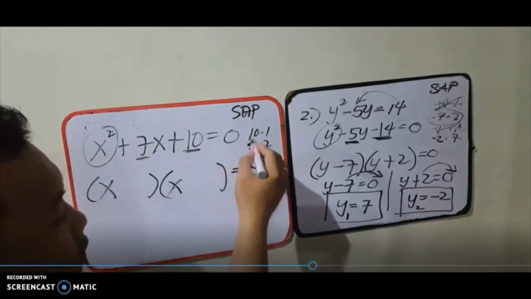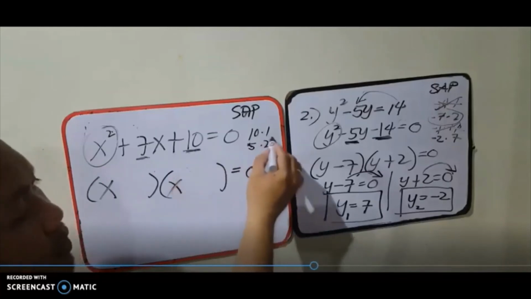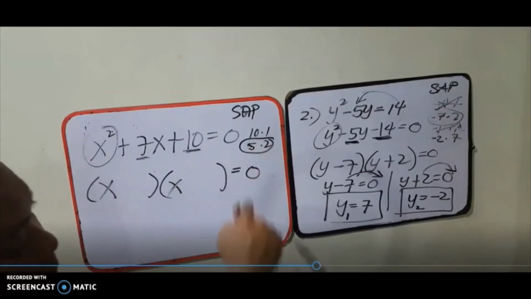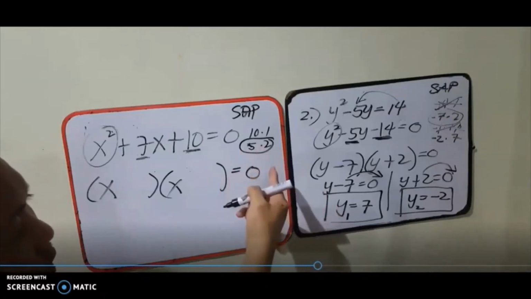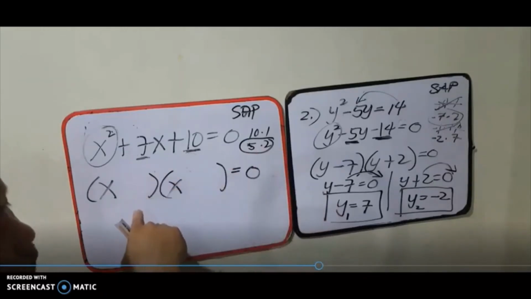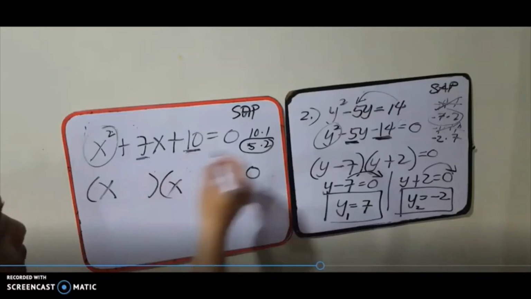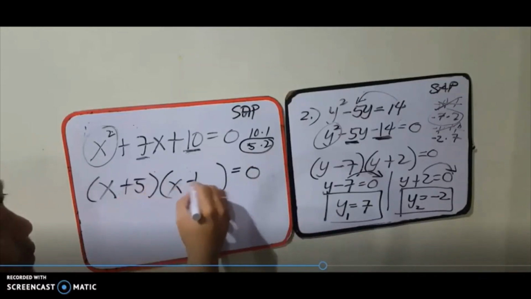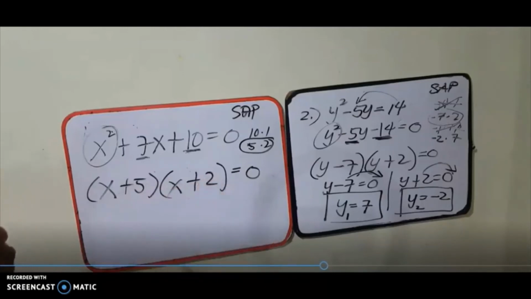So which of these two factors, when added, give a sum of 7? Of course, that would be 5 and 2. So 5 and 2 will form the factors of the quadratic trinomial. Positive 5, that's why it's plus 5, positive 2, that's why it's plus 2.